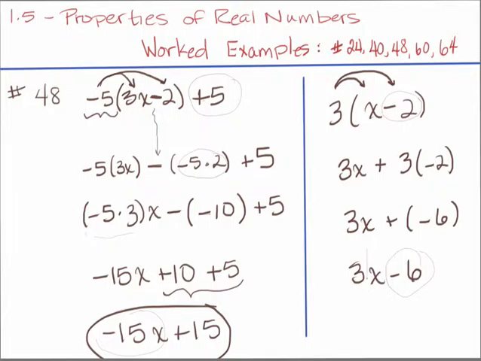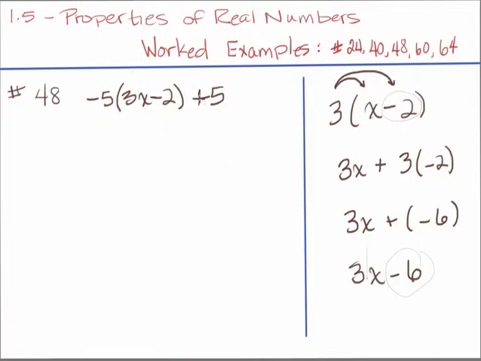Let's go back and take a look at this problem again from a slightly different perspective. If I do in fact change this minus to addition of the opposite, then when I do my distribution, I get -5 times 3x plus -5 times -2 plus 5.